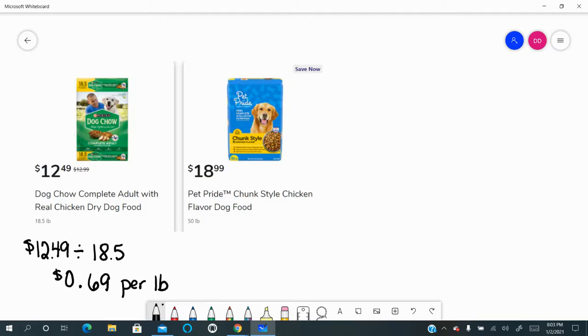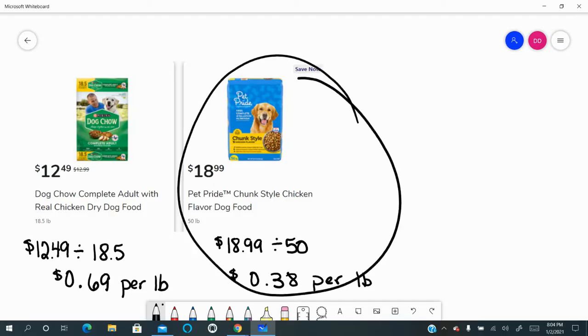For the Pet Pride, it's a cheaper brand. I haven't heard of it before, so I'm hoping it's going to be less. And it's a big bag, 50 pounds. It's quite a bit cheaper. It rounds to 38 cents per pound. So much better deal. Sometimes you don't have to divide to see.